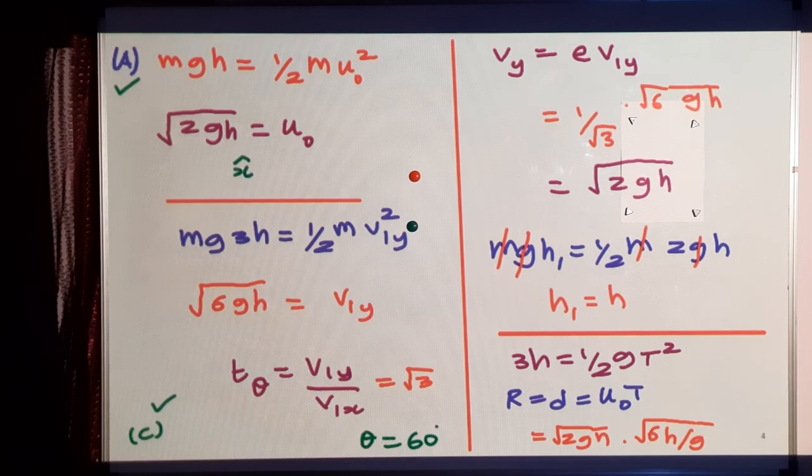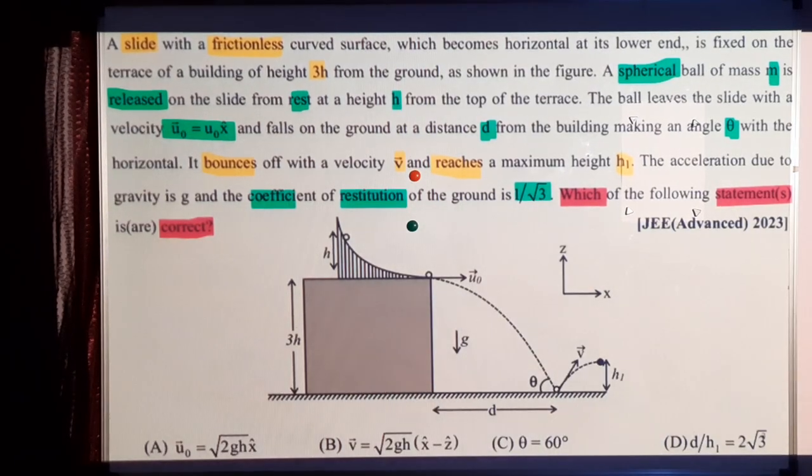Option C, to get the angle theta, tan theta is the vertical component velocity Vy by horizontal component Vx, which is same as u naught, and that is root 2gh. To get Vy, use energy conservation between these 2 points: mg3h equal to half m Vy square, because the horizontal kinetic energy will not change.